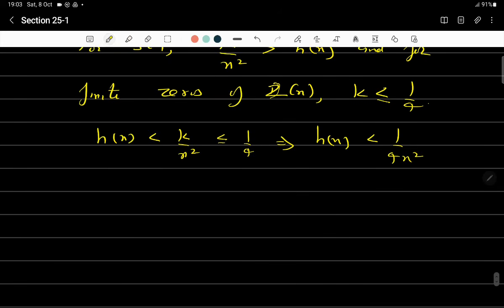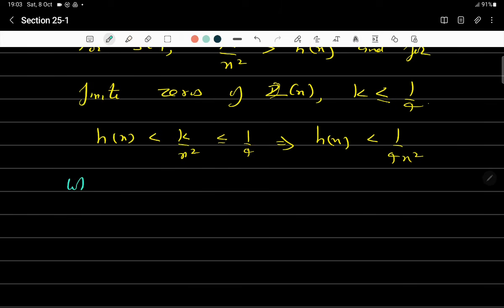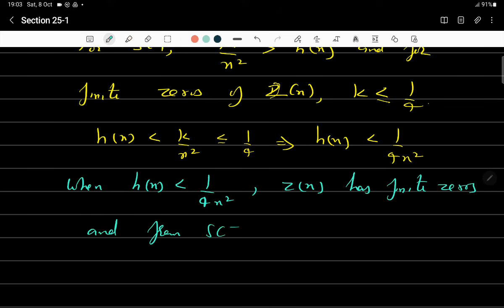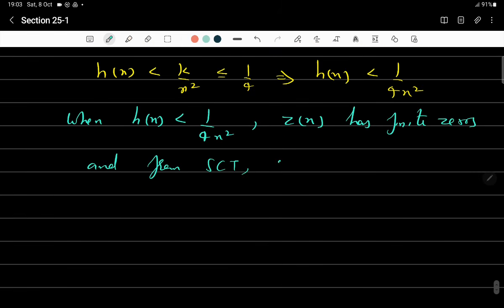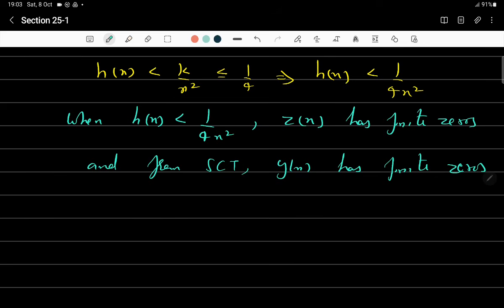So it means that when h(x) is less than 1/(4x²), z(x) has finite zeros, and from the Sturm comparison theorem, y(x) has finite zeros.